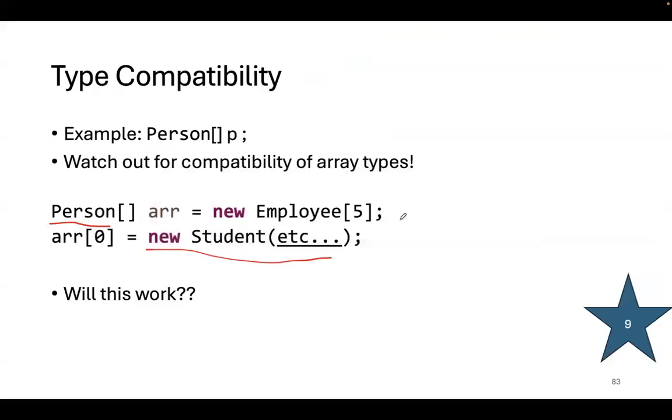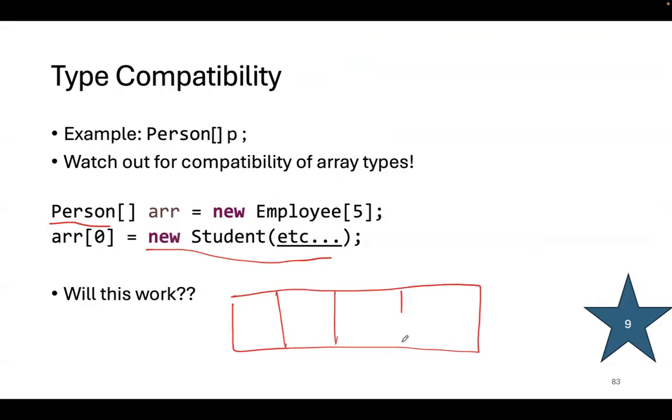So the idea is we've got this array and we're like, great, persons are going to go in there. And then on the right-hand side of that declaration, we are allocating and saying each thing is going to be an employee, that's going to be an employee, that's going to be an employee.